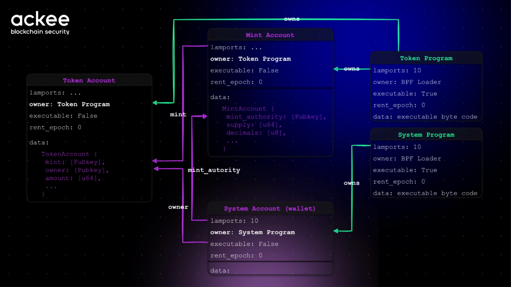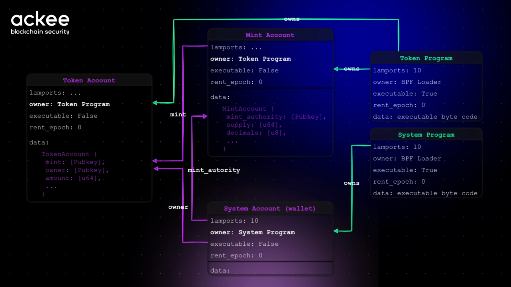So when they know these two fields, they can derive the address by themselves. That means you do not need to share the address of the token account, but they can derive it and send the tokens directly to the associated token account.